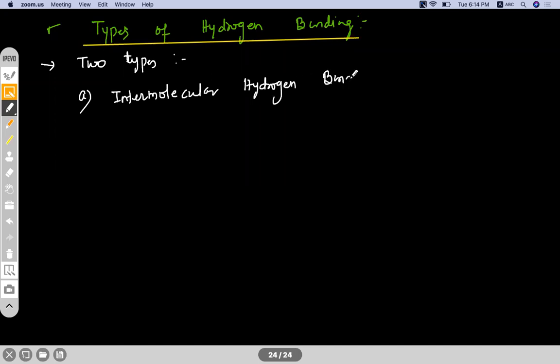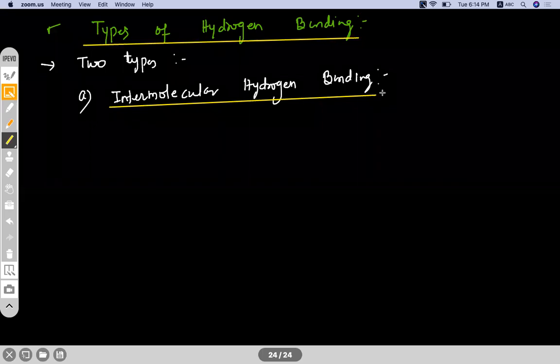The name itself suggests that this is hydrogen bonding between two molecules of same or different type, like H2O and NH3, for example. That is intermolecular hydrogen bonding.